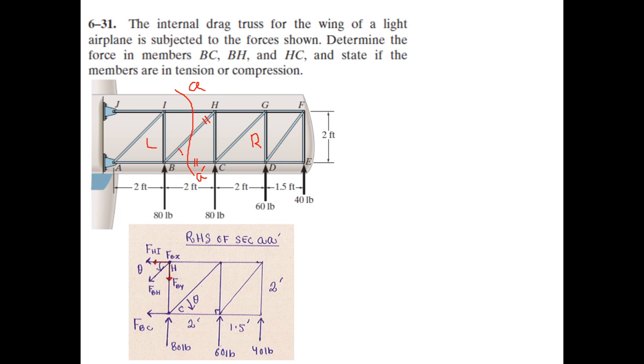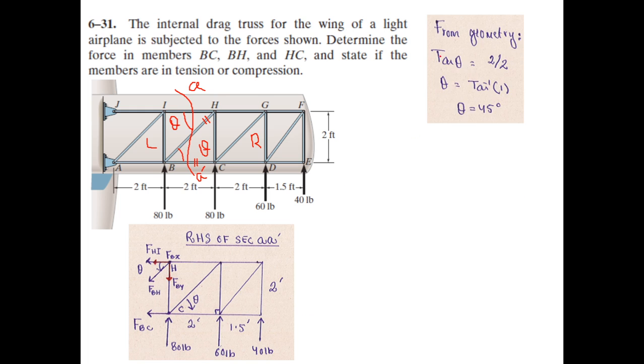Of course, this is an angle theta this member is making with the horizontal, and this angle is actually the same, opposite angles. And so this is inclined at an angle theta with the horizontal. So the force BH is acting along the axis of member BH, and similarly the force acting along the member HC is shown here. And all the known forces are shown on the right hand side.